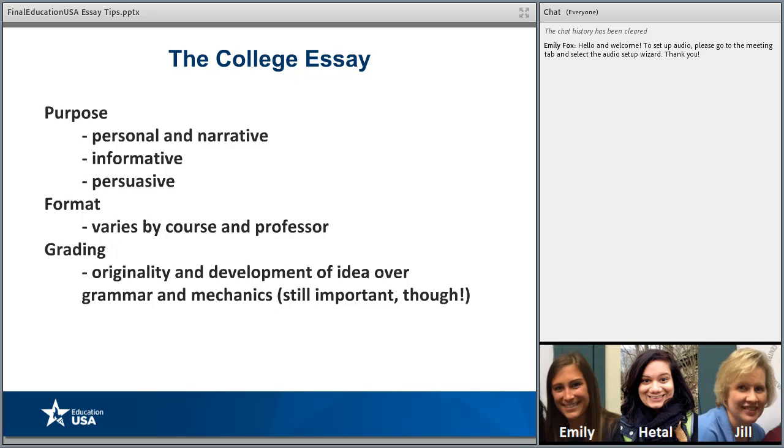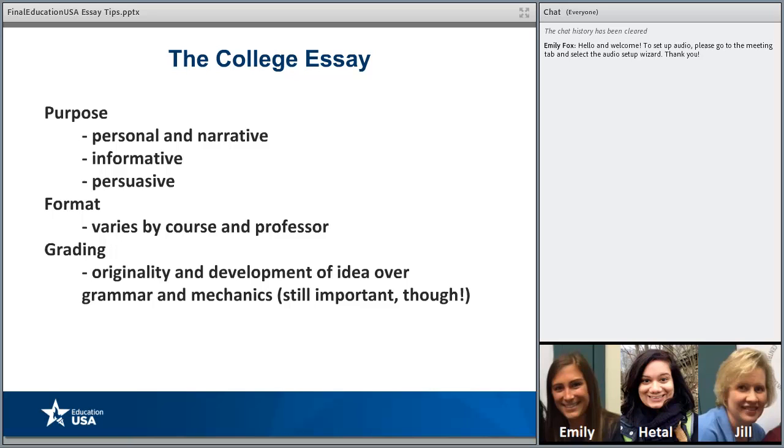But that's not the only kind of writing. Probably more often in college, you will find that you're writing informative essays, which provide information to your readers. So, for instance, you could be in a biology class and be asked to describe the human heart and the functions of the human heart. Your goal there is really to educate your readers and provide them with the information.